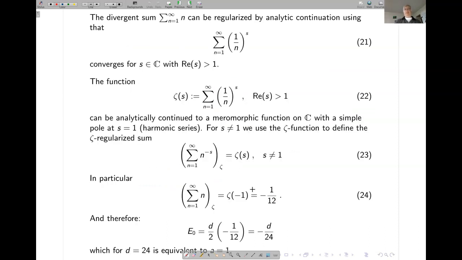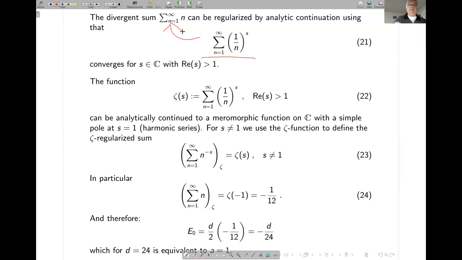But there's one way to assign a unique and well-defined finite number to this divergent sum by making the following observation. Let us look at a more general sum, the sum over 1 over n to the power s, which for s equals -1 is the divergent sum that we want to assign a value for.